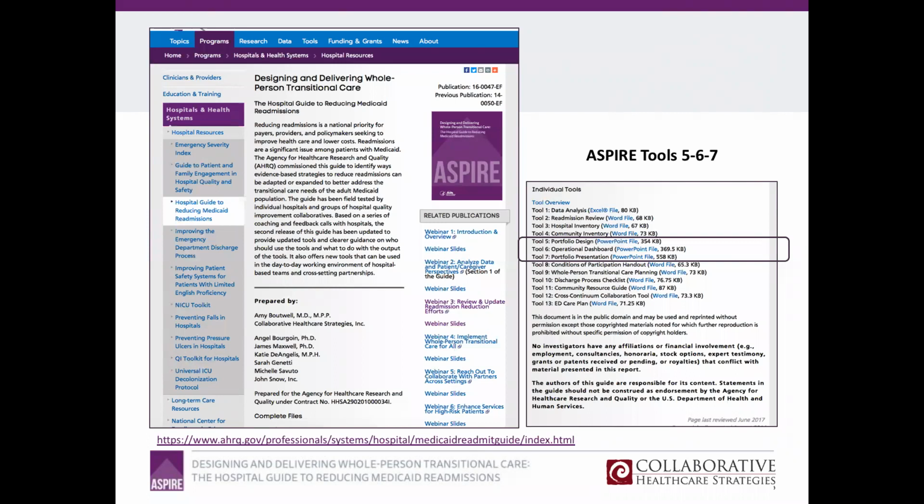The link is here on the slide that you see, and there's of course the guide, but for today's discussion there are three tools that you might find helpful. I really believe that a tool is just better than a blank piece of paper, and part of the feedback that we got when we did our field work, testing and rolling out the ASPIRE guide, is that teams really wanted the editable formats of the various tools.